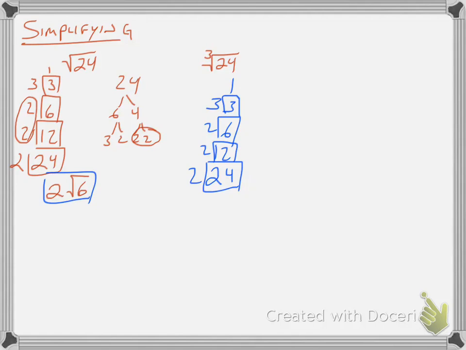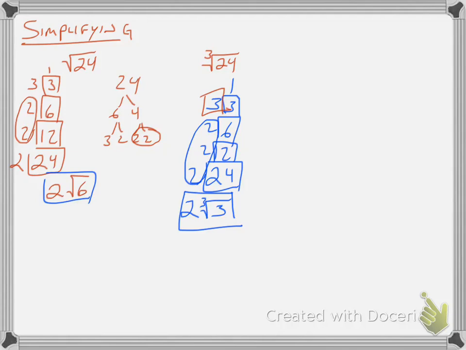If it was a 4th root, I'd have to have 4 of the same number. So here I have 3 2's. So one 2 comes out, and what doesn't have a triple or a set of 3 is that 3, and that would stay on the inside. So it's 2 times the cube root of 3.